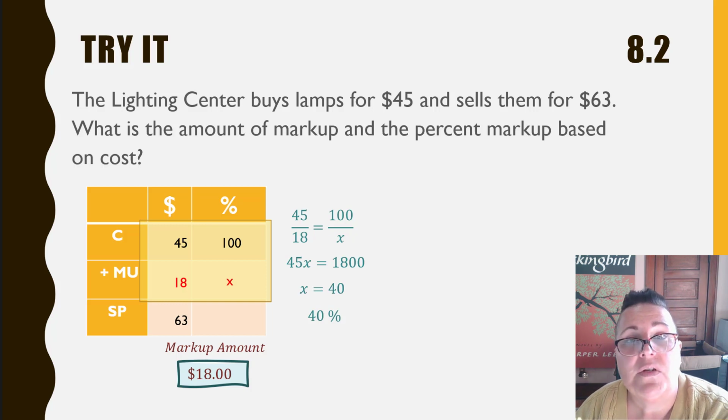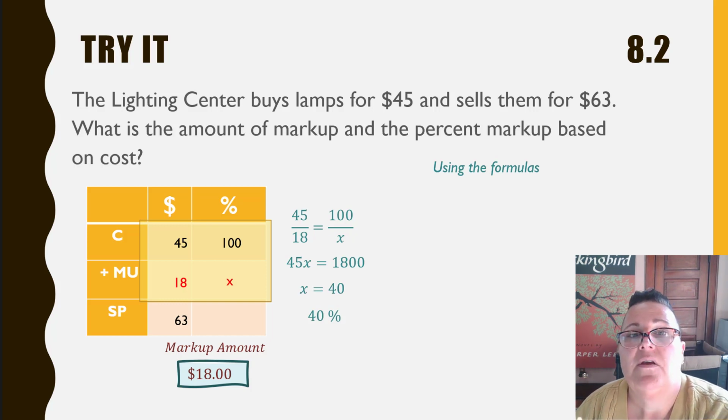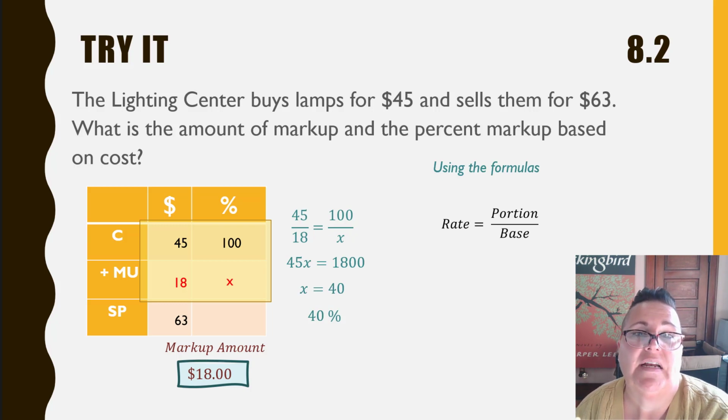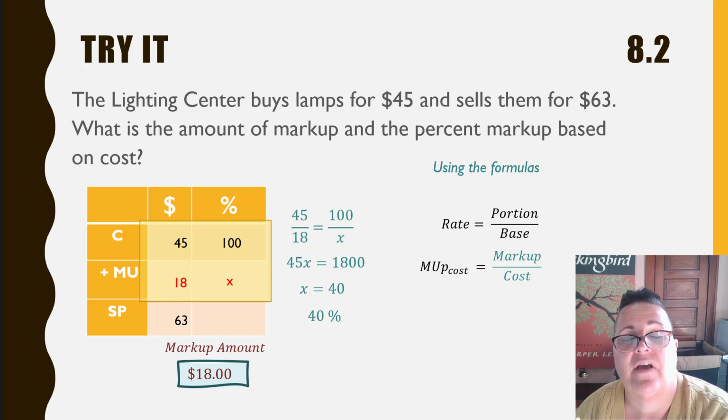You can also use the percent formulas that we did back in chapter 6. We know from the percent formulas that the rate has to equal the portion divided by the base. Our rate is the markup based on cost. The portion is the amount of the markup in dollars, and the base is the cost in dollars.